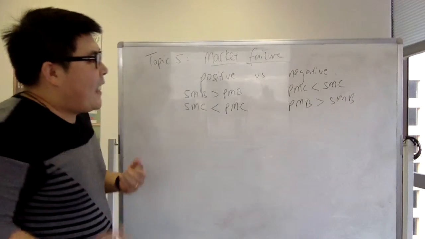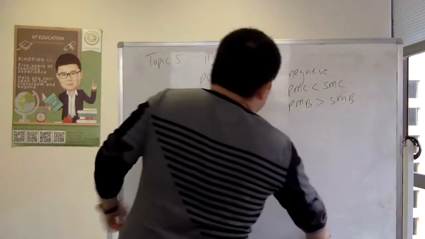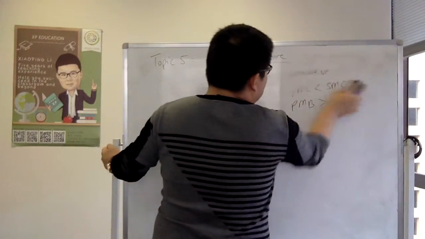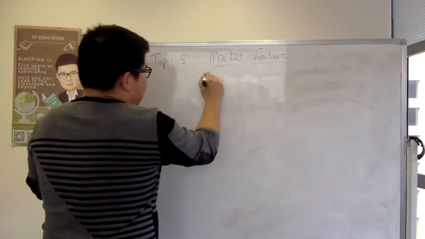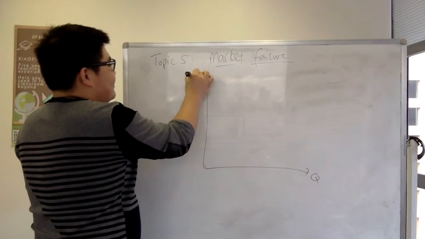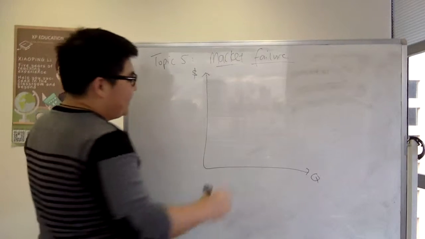Now just remember, how do we exactly draw these graphs? So let me first go through the negative externality first, okay? So we have the quantity on the x-axis and we have some sort of a dollar value or notional value on the y vertical axis, okay?